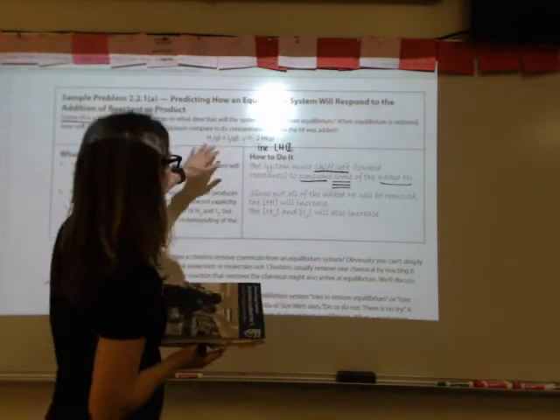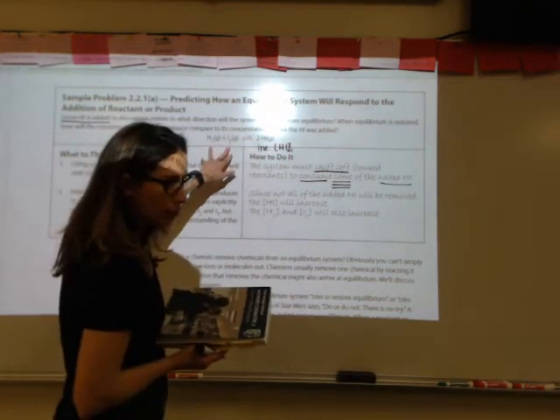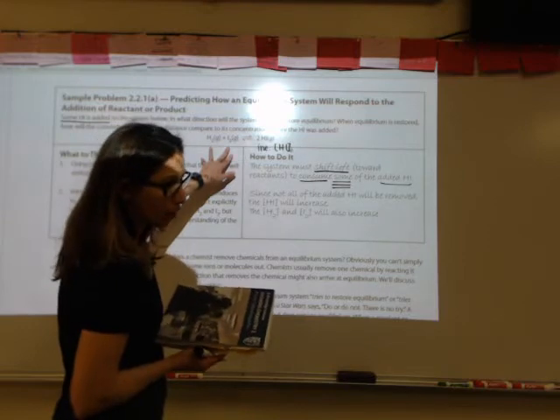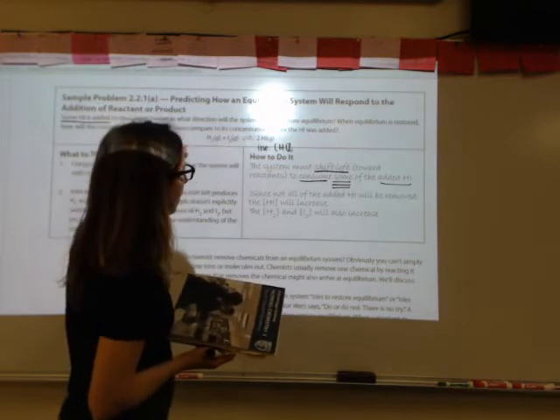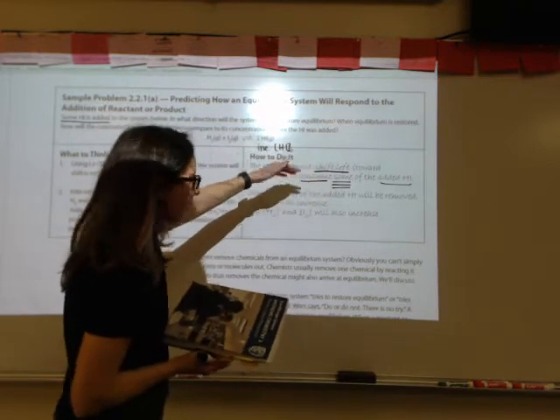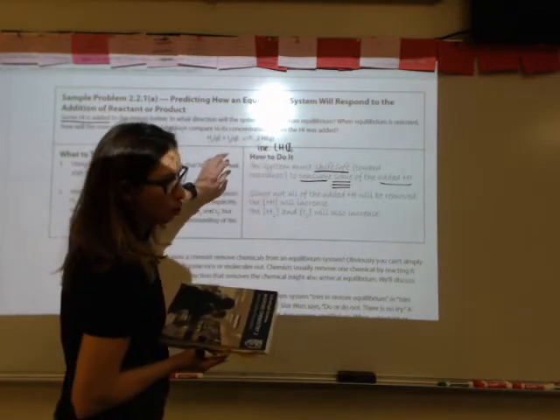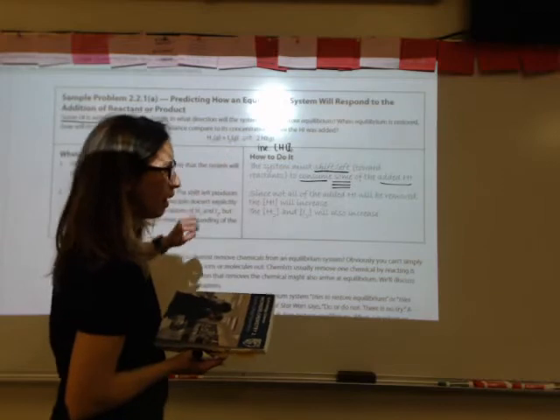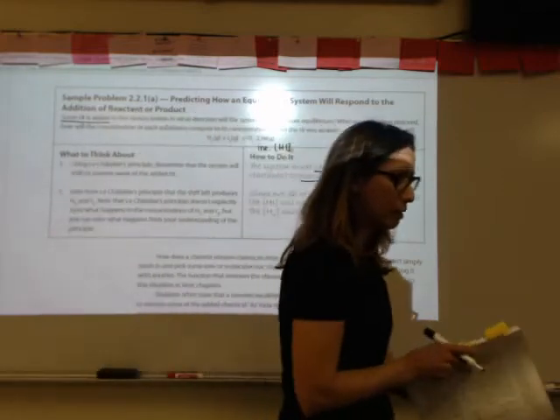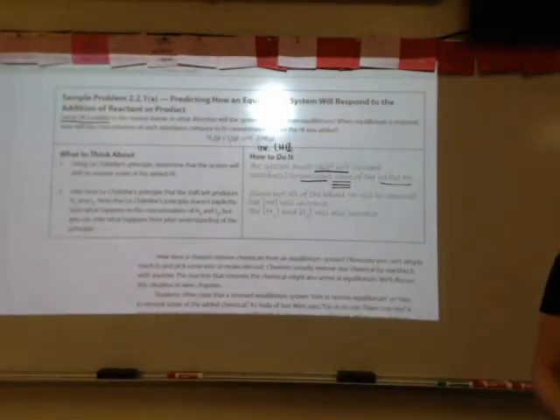If I had added more hydrogen or iodine initially, rather than adding HI, I would have shifted away from it, so I would have shifted to the right, and I would have increased the concentration of my product, consumed some of what was added for the reactant to help me get back to equilibrium, but overall the reactant concentration would have increased, okay?